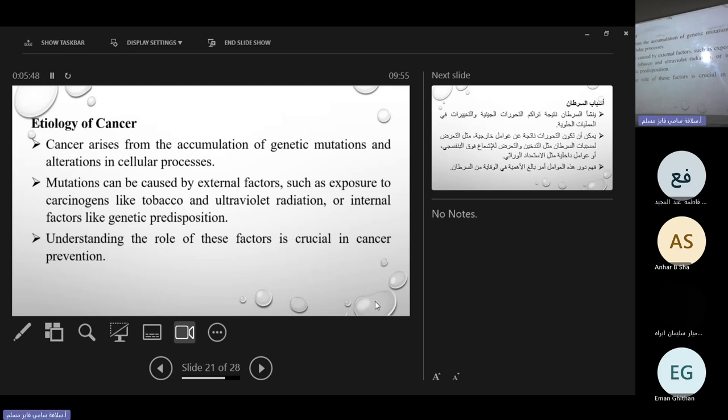Please do not use your phones or internet to translate. Carcinogens, which are cancer materials or things. Okay?